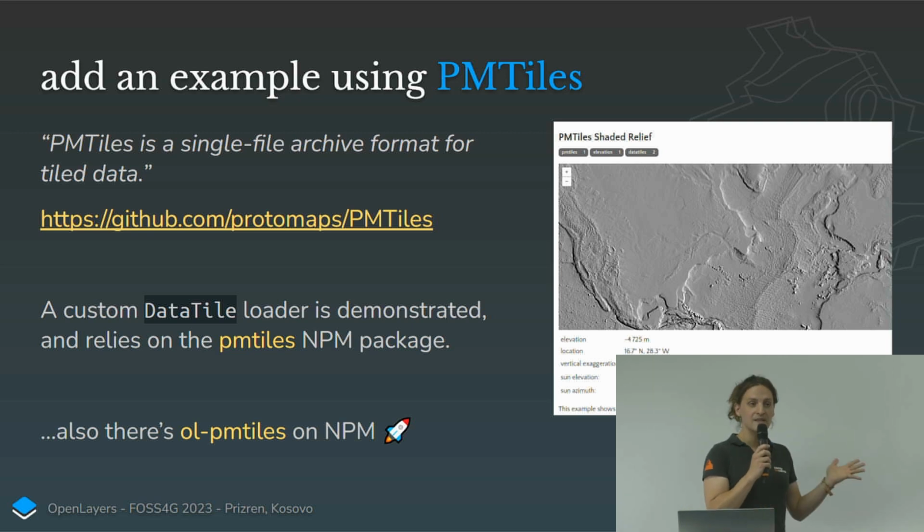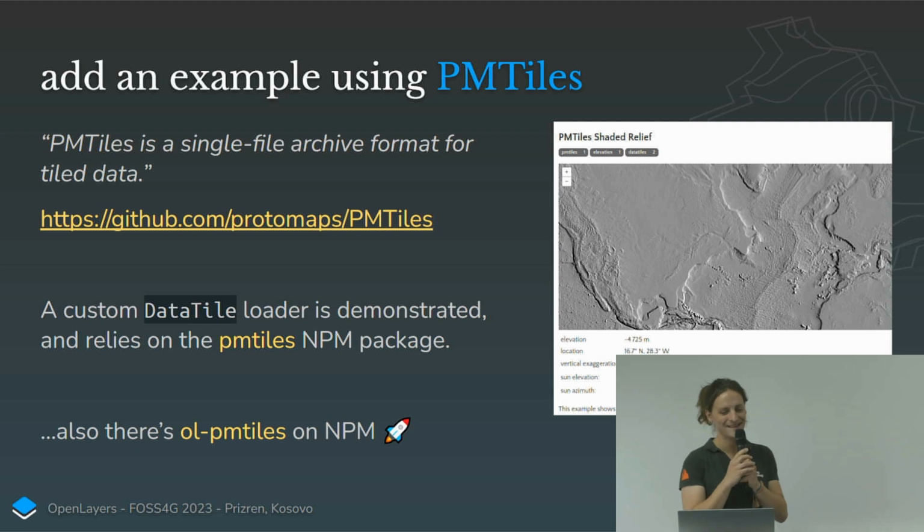There was an example that was added that relies on PMTiles. So PMTiles, you may have heard of it. It's a container format for tiled data. It's made mainly by Brandon Liu, who I think is not here, but thanks Brandon, it's great.